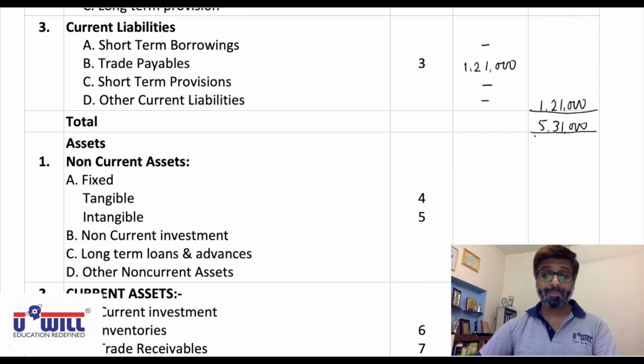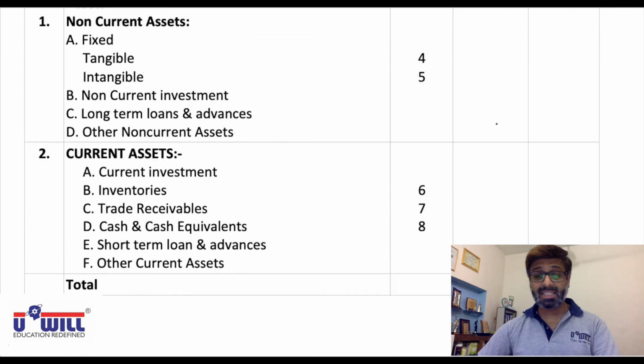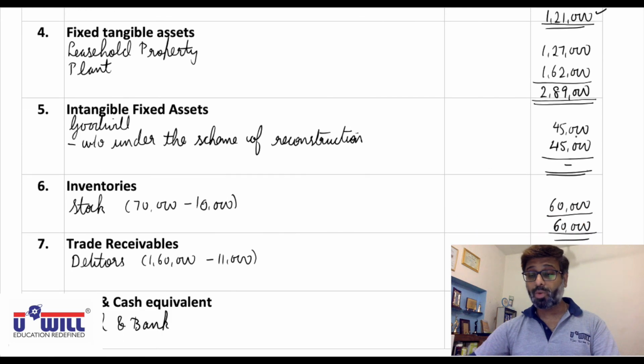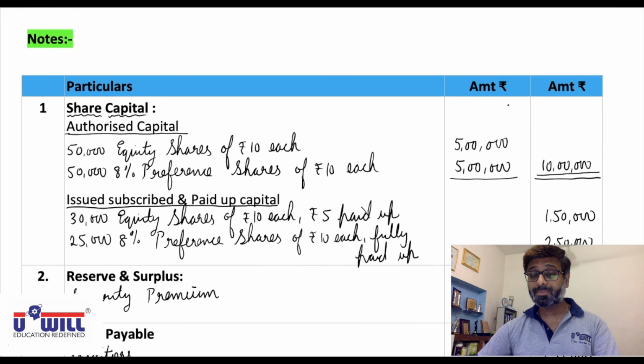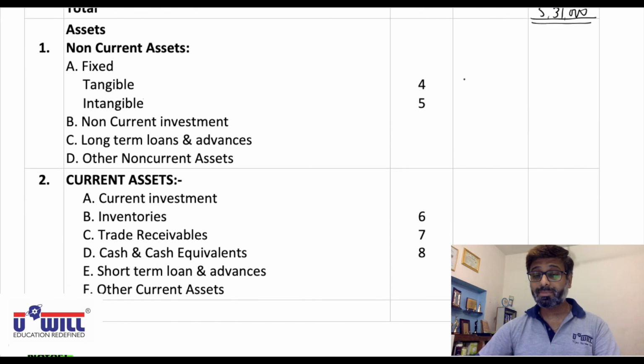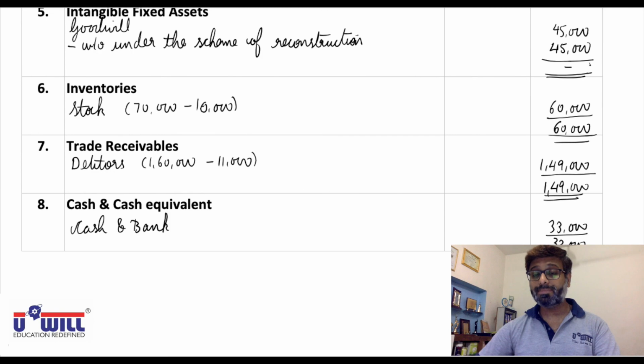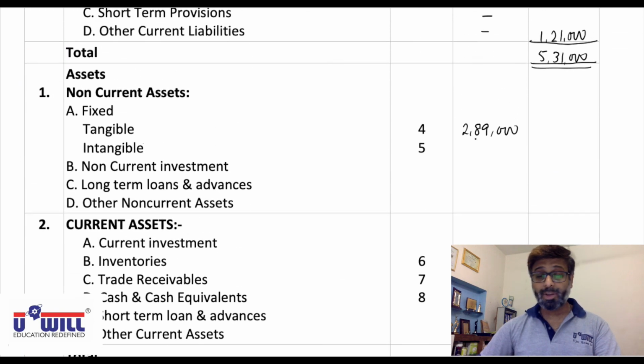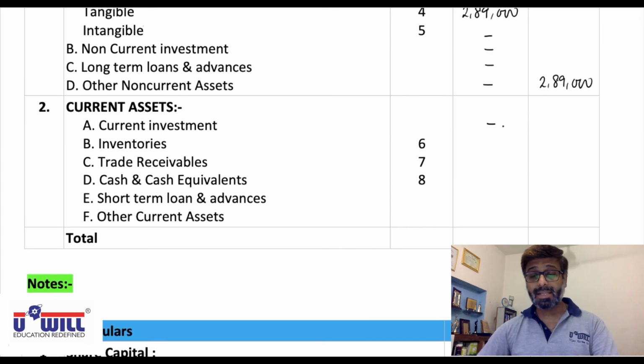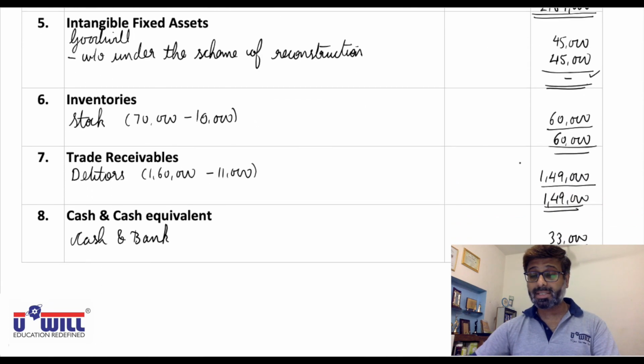Now asset side, fixed assets, tangible fixed assets as per note 4, 2 lakh 89,000. Intangible fixed assets as per note 5 is nil. And we don't have non-current investments, loans and advances, other non-current assets. So total 2 lakh 89,000. Current investments nil. Inventories as per note 6, 60,000.